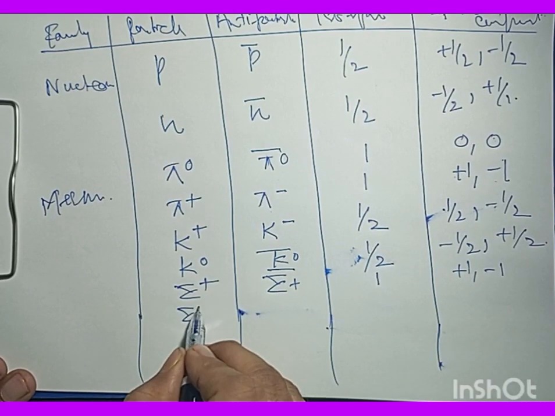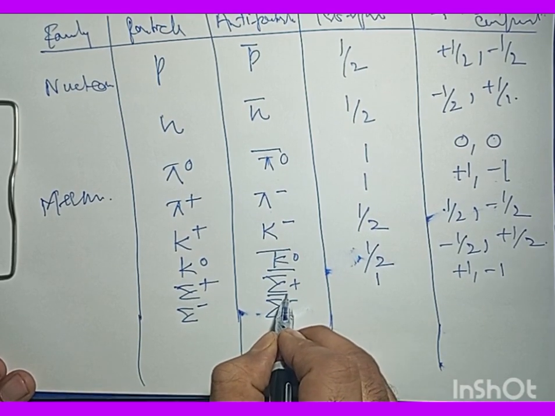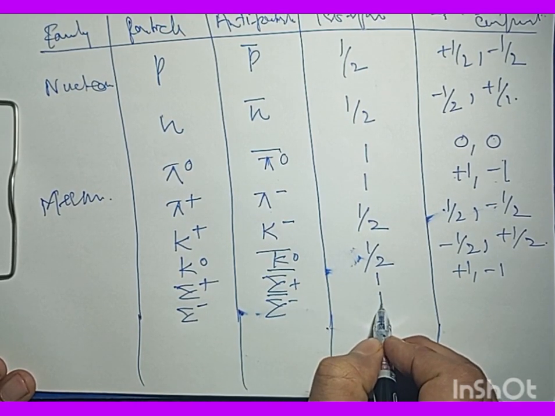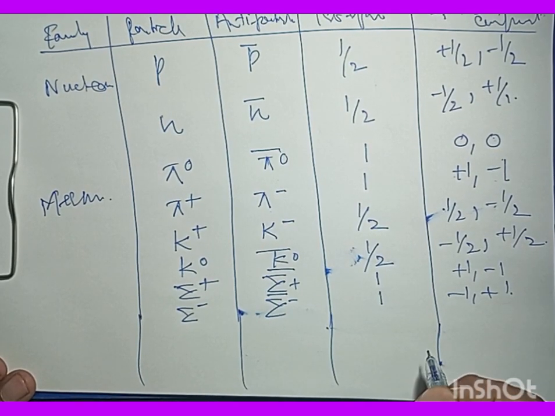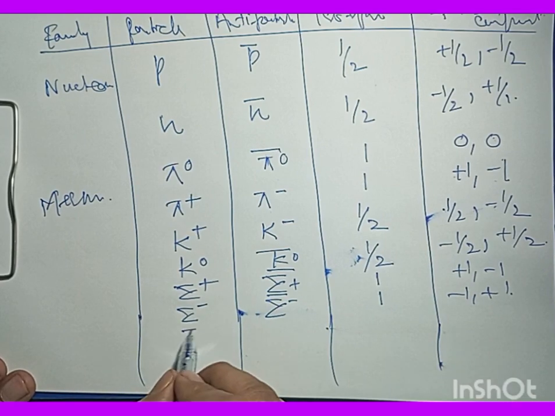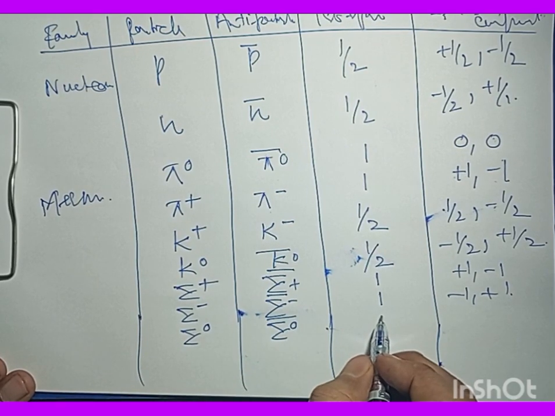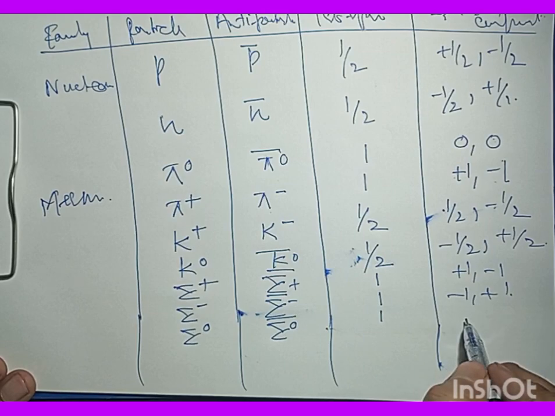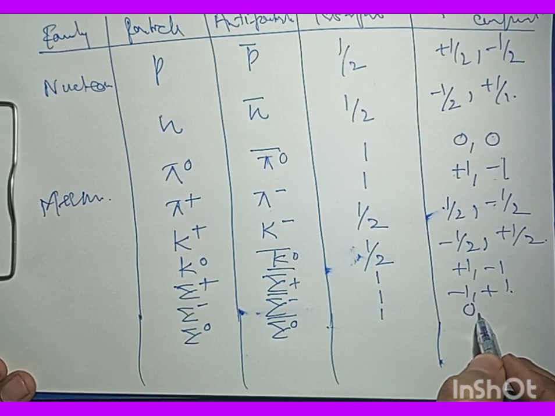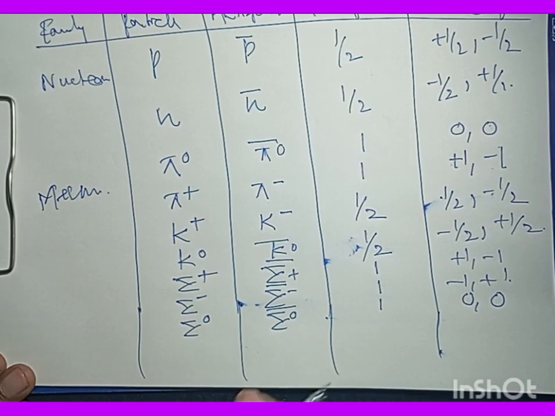And similarly for sigma minus, we have sigma minus bar, and we have isospin 1 here, and we have minus 1 and plus 1 as their I3 components. And sigma 0, sigma 0 bar is its antiparticle, and it has isospin of 1, and its I3 components for both of them are 0 and 0. And after this we have hyperons.